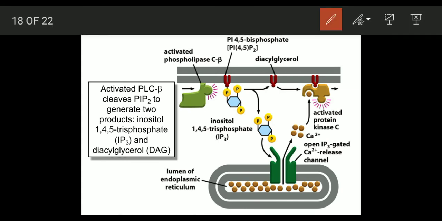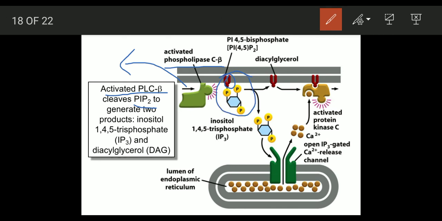Here you can see the activated phospholipase C beta, the membrane bound complex, which is being activated by G protein. The work of this enzyme is that the activated PLC beta cleaves PIP2. It is the complex bound with the membrane here, as you can clearly see.